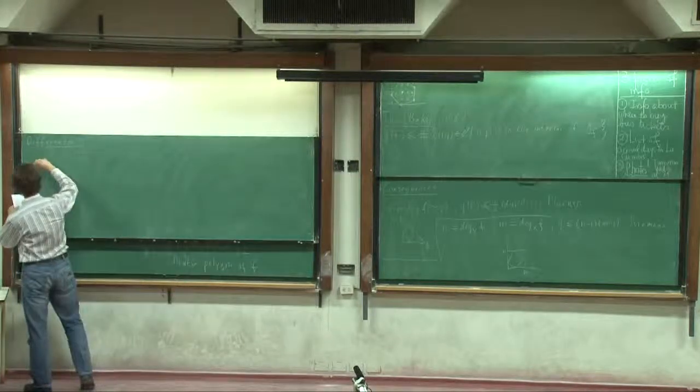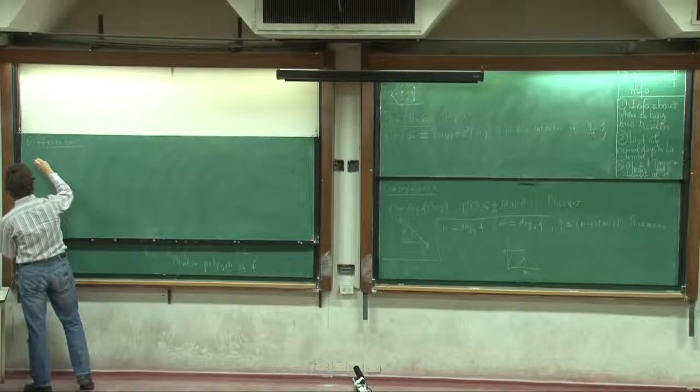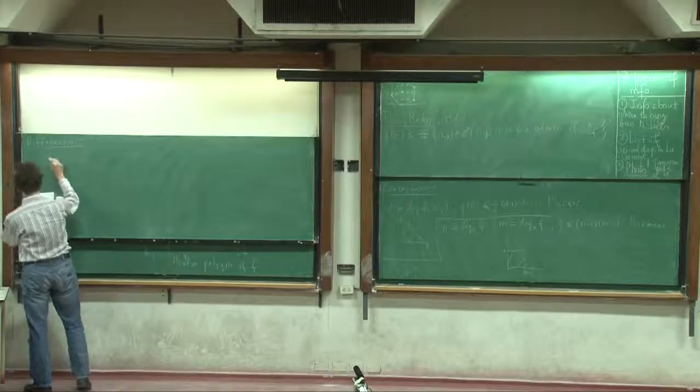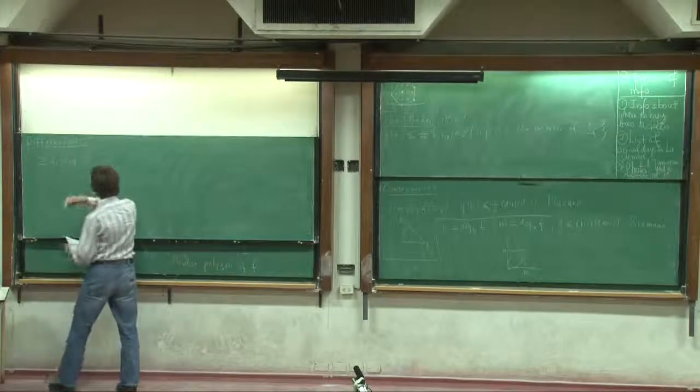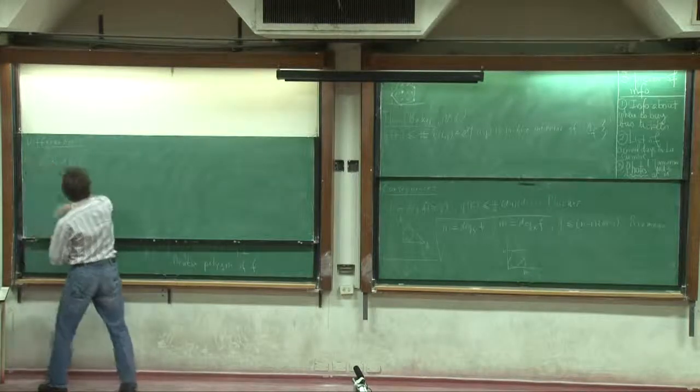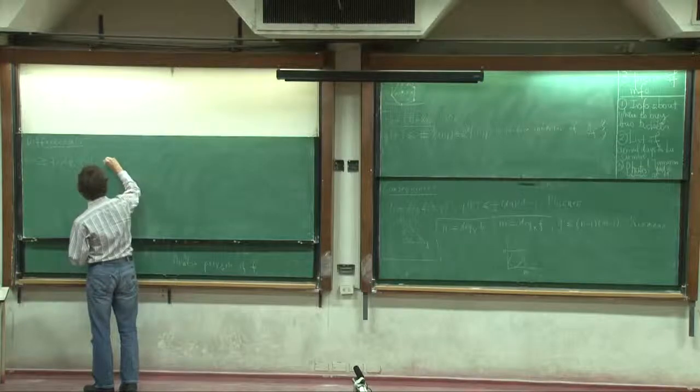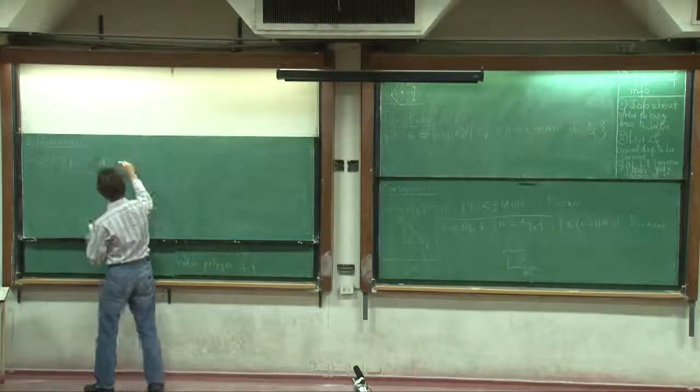So we are going to look at symbols of the form f_i dg_i. This is going to be a differential in general, where f_i and g_i are elements from the function field.